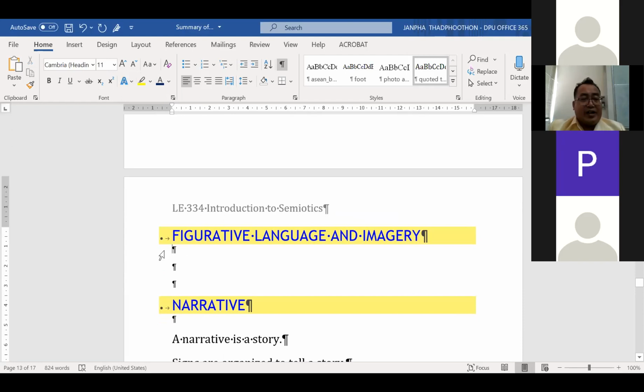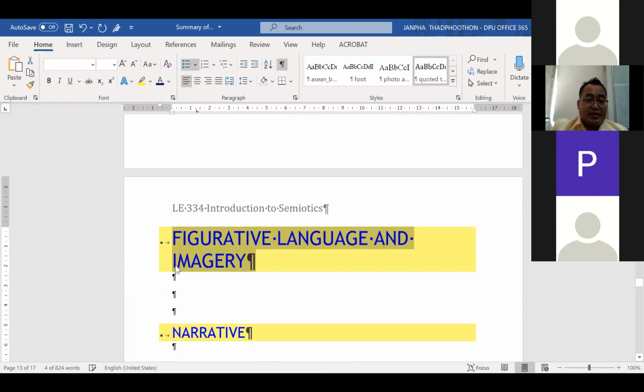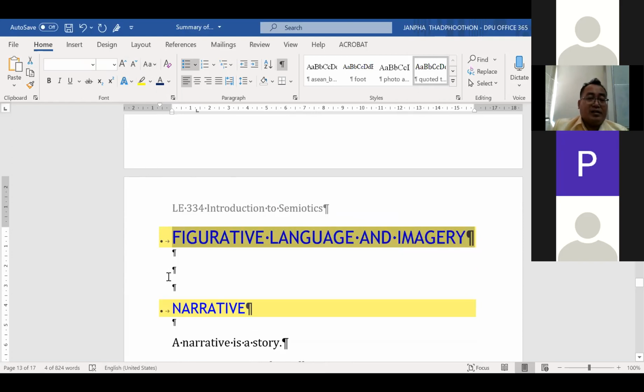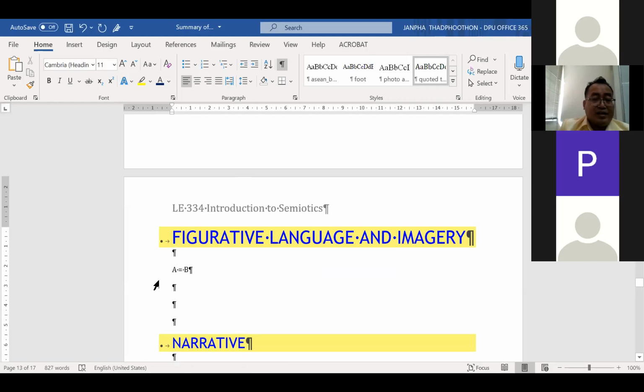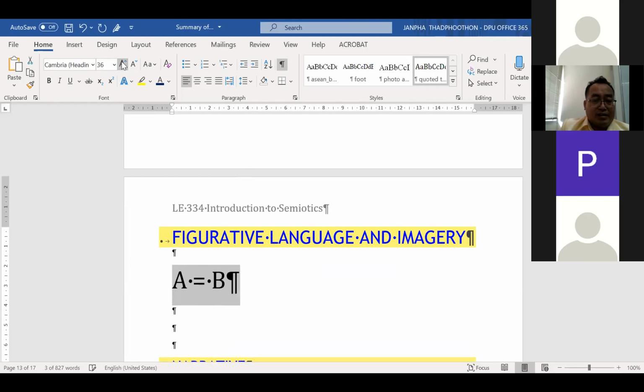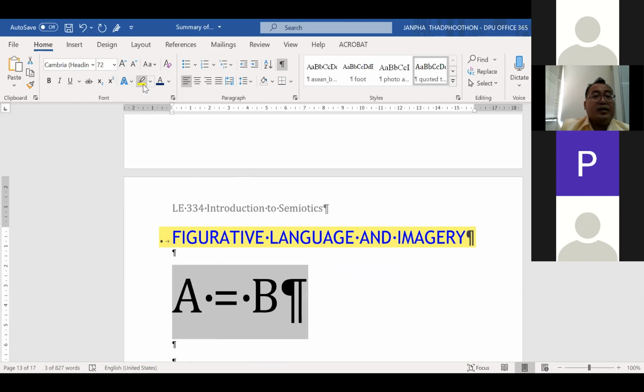So let's move on to the next concept of figurative language and imagery. Figurative language is when you compare side A and side B. A equals B. A is B. Side A is side B. Okay.